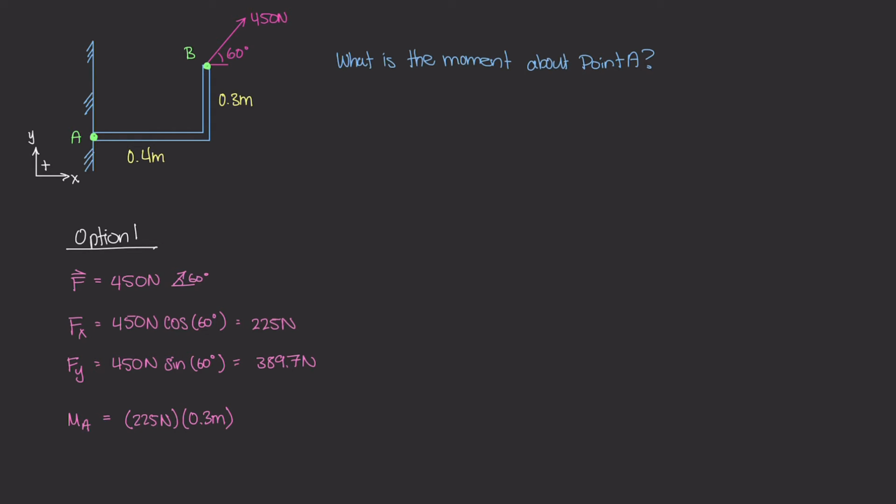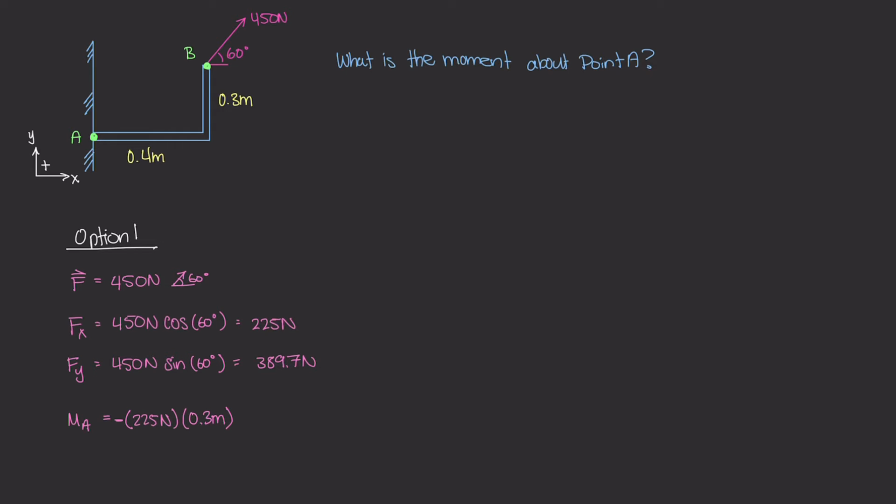Now, what is the direction of this moment? Well, if the x component is acting this way, you can see that it's going to cause a clockwise moment about point A. And we say that in statics and 2D problems, a clockwise moment is going to be negative. So I can put a negative sign right there.